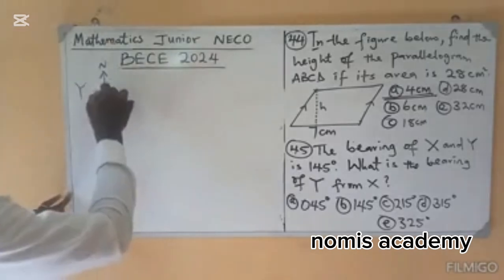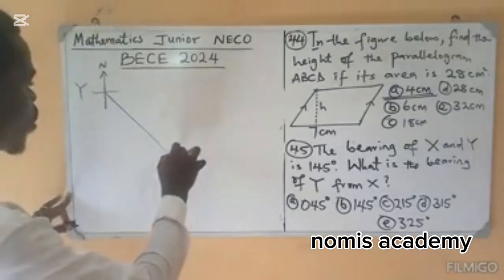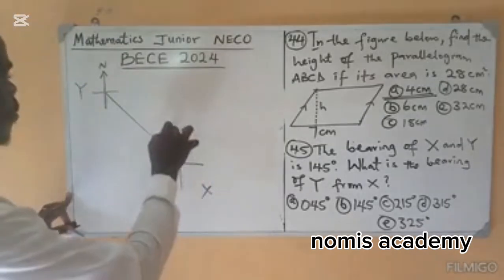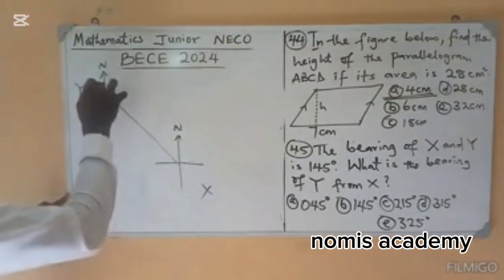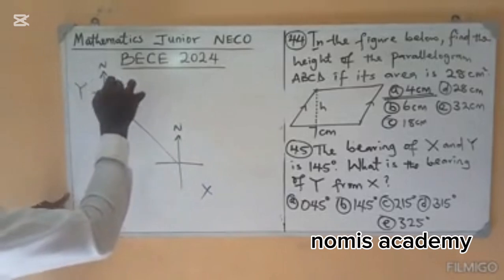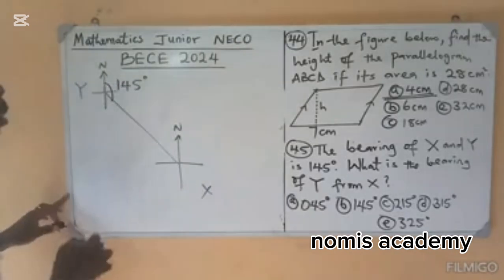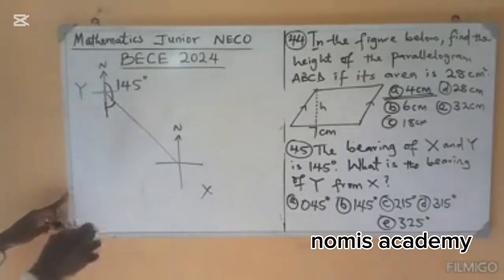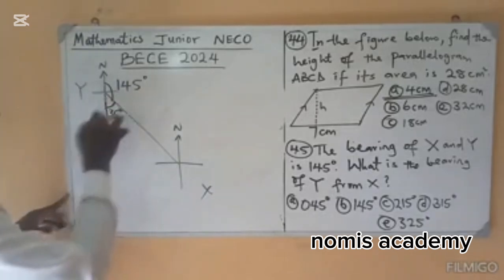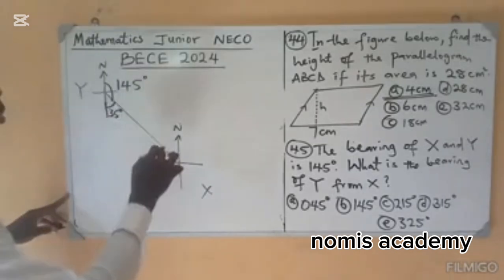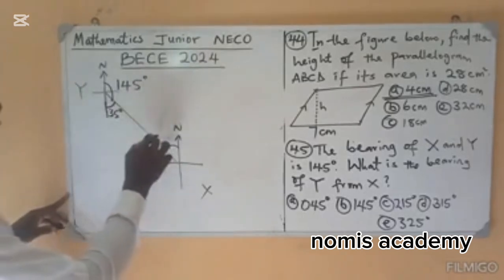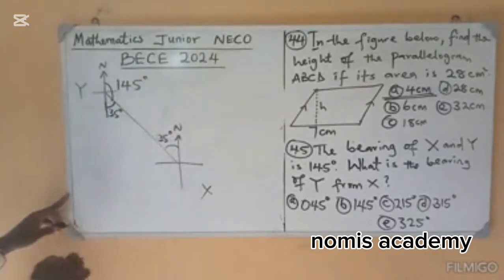And then we have point X. Now the bearing is 145 degrees. So the remaining angle to complete a straight line will be 35 degrees. The other angle here, which is alternate to it, is also 35 degrees.